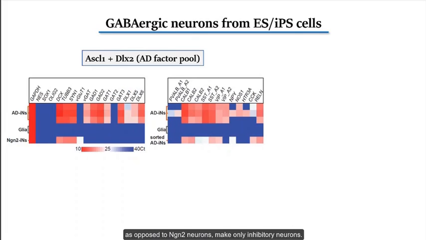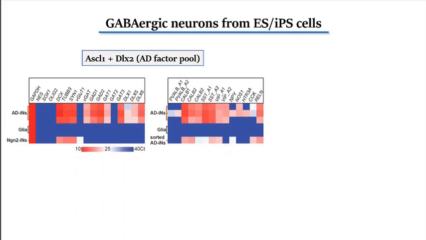I also wanted to know what kind of inhibitory neurons they are, because there are many types of inhibitory neurons in our brain. Some are somatostatin positive, some are parvalbumin positive, calretinin positive.